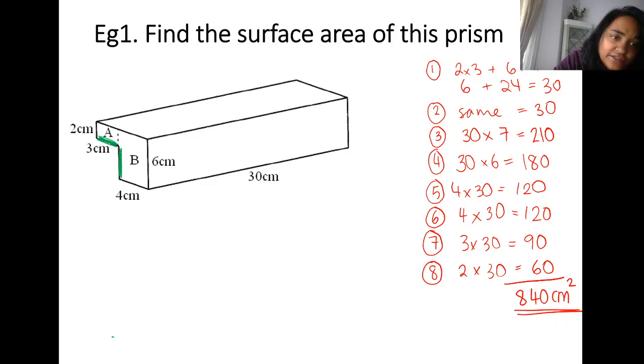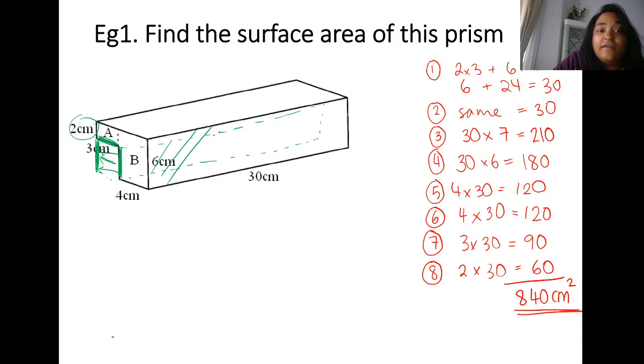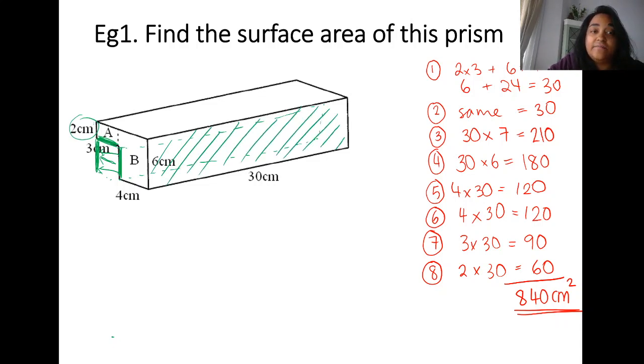If I imagine that length, all the way there, you can't see it because it's on the other side, stretched out there, if I move that face over there, it would actually then join up with this 2 centimetre and be the same as this side.